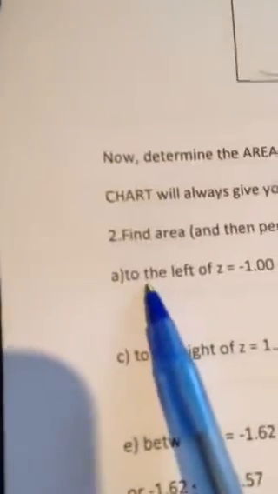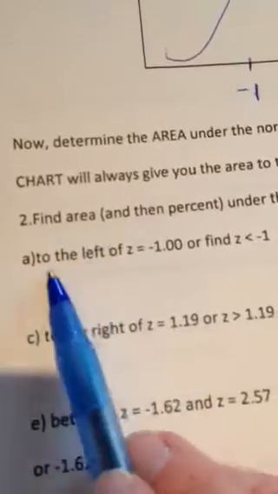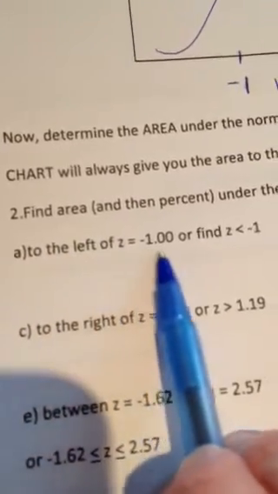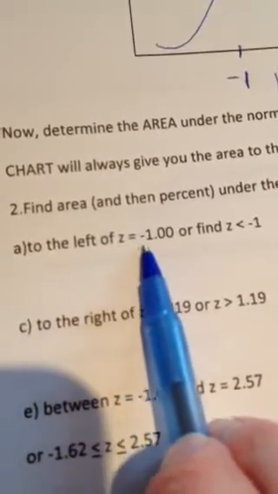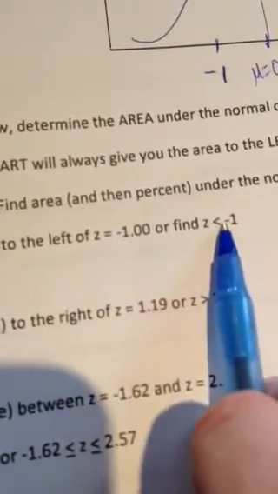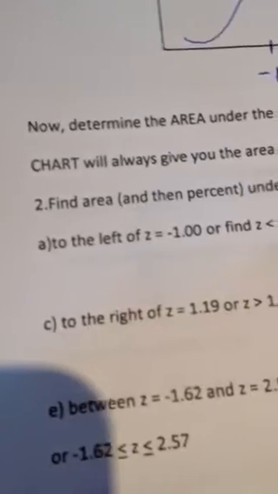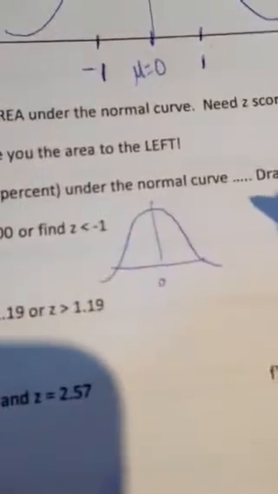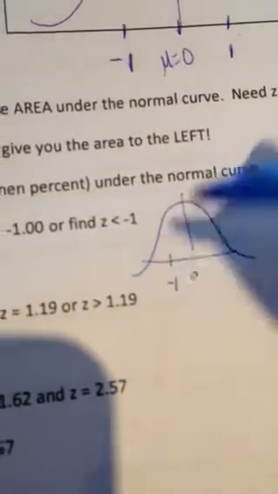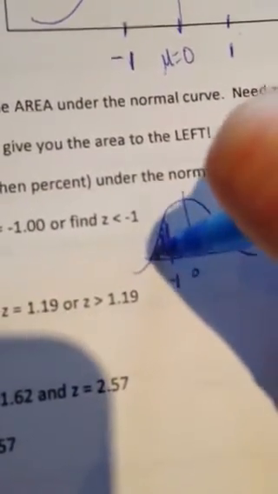Let's just start practicing. The first one says find the area to the left of z equals -1. I can either say left of z equals -1, or I can use the less than sign, okay? So you've got a little curve. 0 is always in the middle, okay? Here's -1, and what they want you to do is find the percent of people that scored less than this -1.